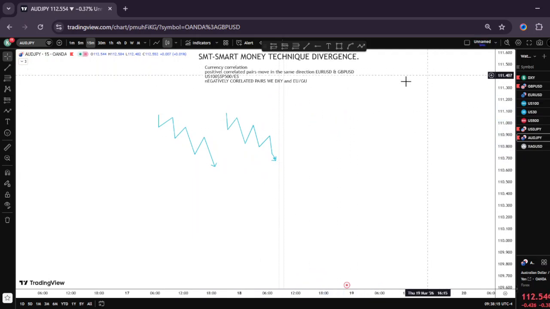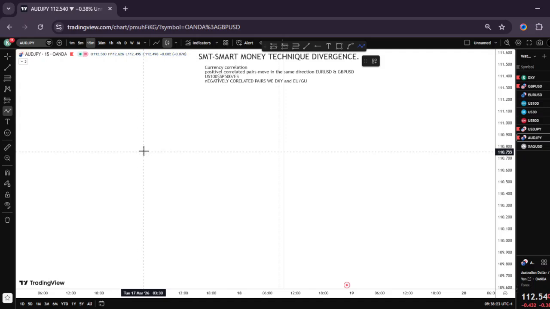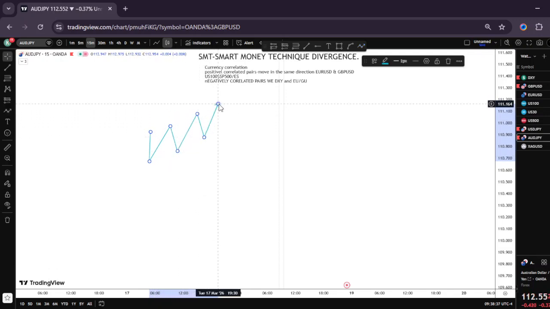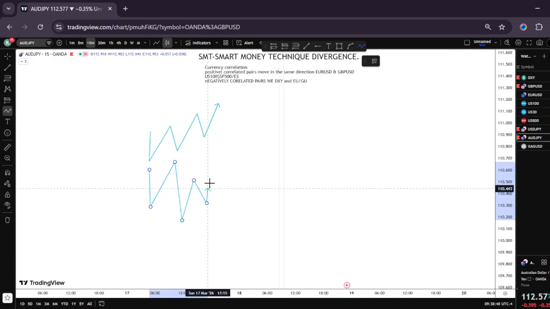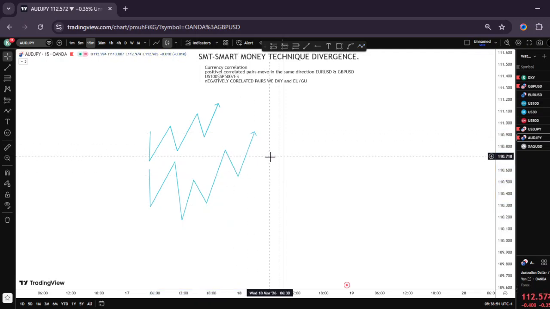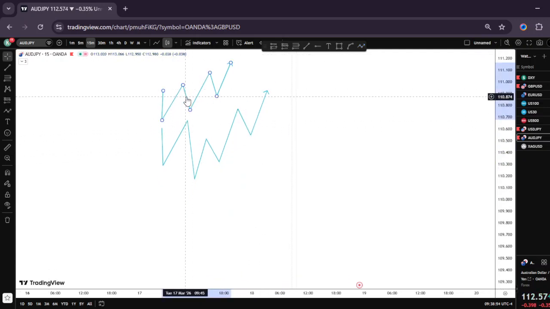So when it comes to SMT, there is a divergence. In a positively correlated pair, you find that one is making higher highs and higher lows like that at this point, and the other pair will be making something like this.